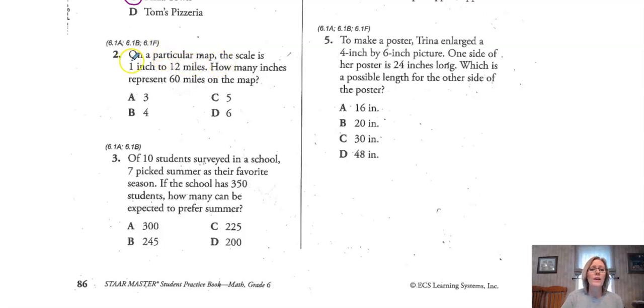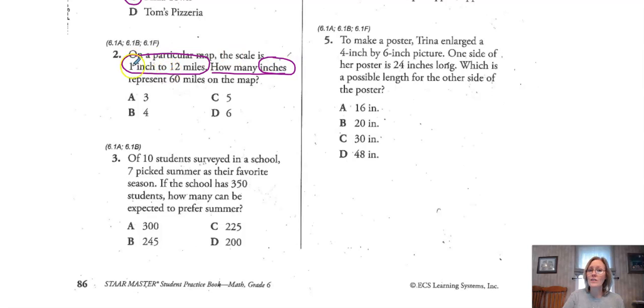We have 1 inch to 12 miles. I'm going to move that just a little bit here so it's not covering that up. 1 inch to 12 miles. And then I have how many inches? I want it in inches.